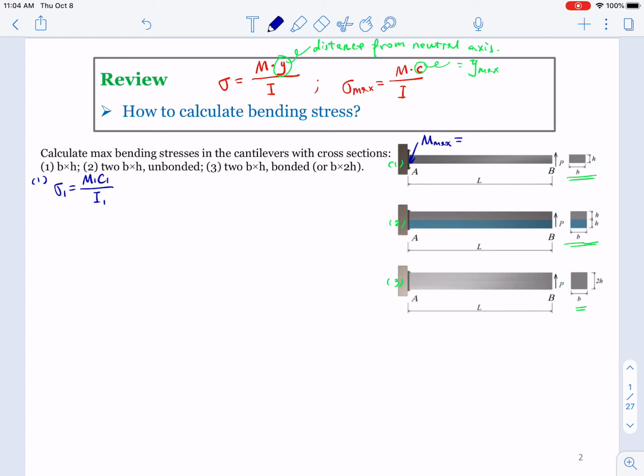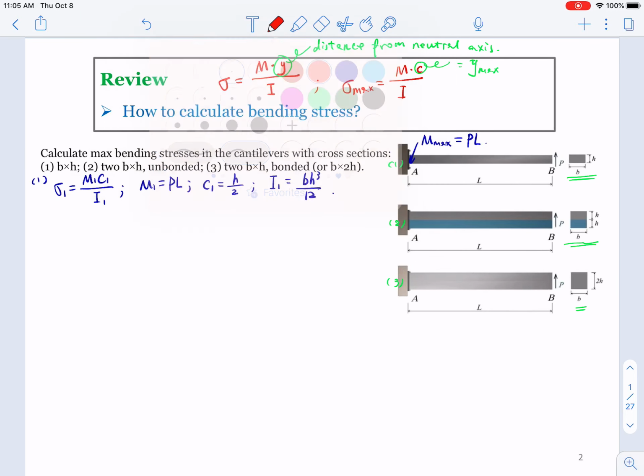In this case, the maximum bending moment equals PL. So M1 equals PL, and what is C1? Since the neutral axis is in the middle, C1, the maximum distance from the neutral axis, is half H. And I1 is B H cubed over 12.